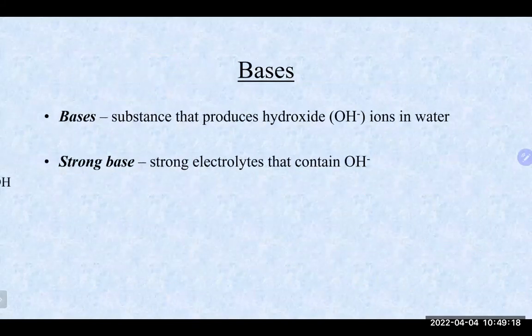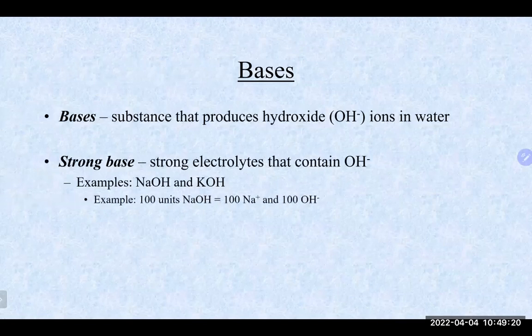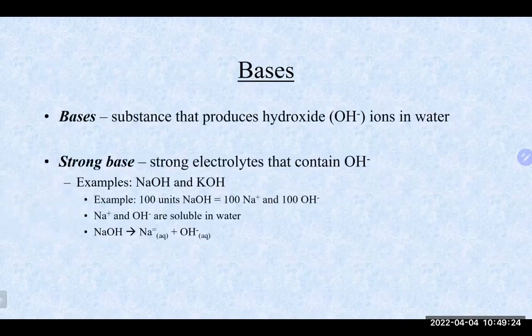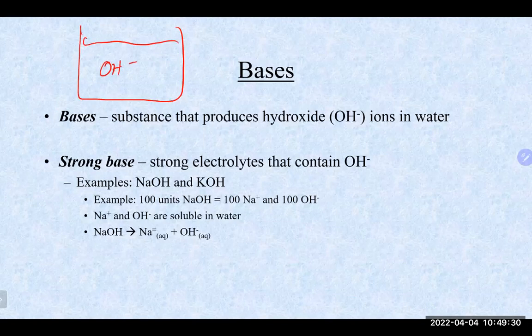Now, bases, same deal. As I mentioned before, bases actually kind of do the opposite thing. Bases are things that have the ability in solution to produce hydroxide ions. So the ability to produce free OH- floating around in that solution is really what makes something a base.